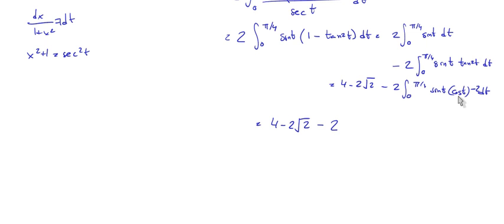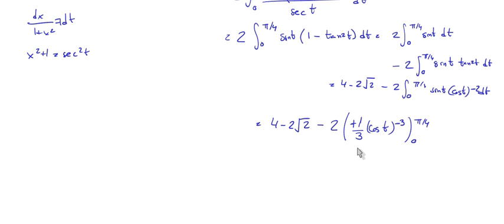The integral of this is minus 1/3 of the cosine of t to the minus 3, right? With a minus because the derivative of the cosine is minus the sine, so we have that between 0 and pi over 4.